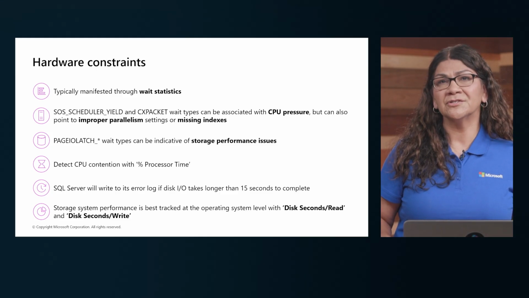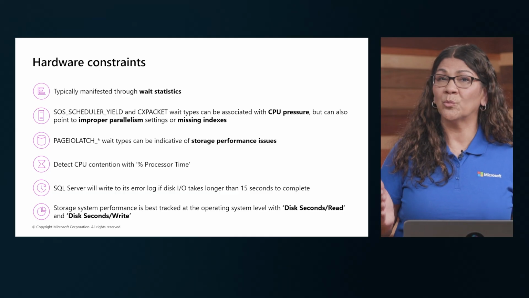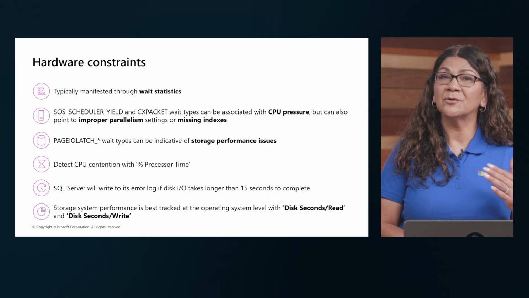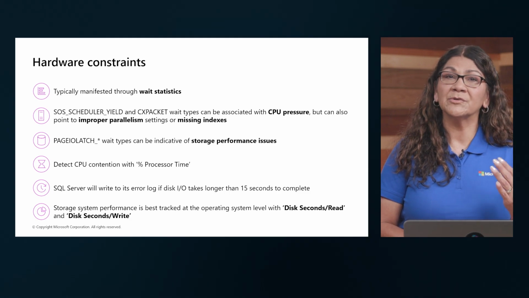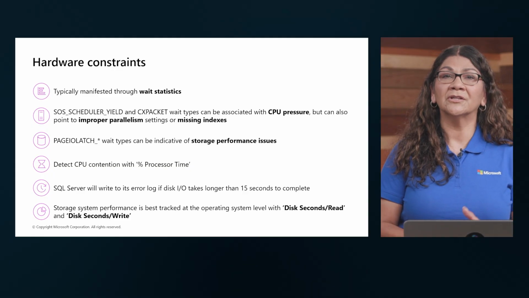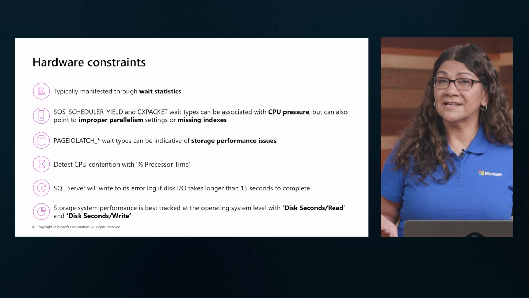Storage performance issues are flagged by the PAGEIOLATCH_SH waits, and can be tracked by using the Disk Reads per second and Disk Writes per second counters. You'll also notice that SQL Server logs errors when disk I/O exceeds 15 seconds.